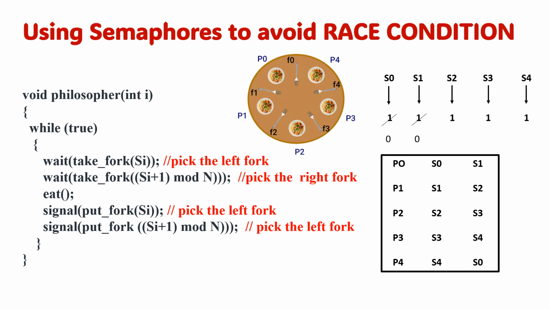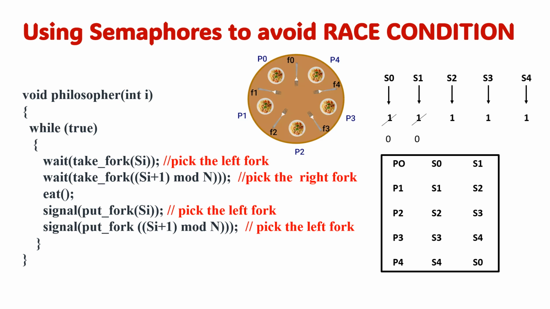Now suppose at this moment philosopher P2 comes and it requires S2 and S3. How do you define the number of the semaphore? As per the index number of P, you can decide the index number of the semaphore as well. So P2 comes, then S2 and S3 it would require. S2 value is 1 and S3 is also 1.